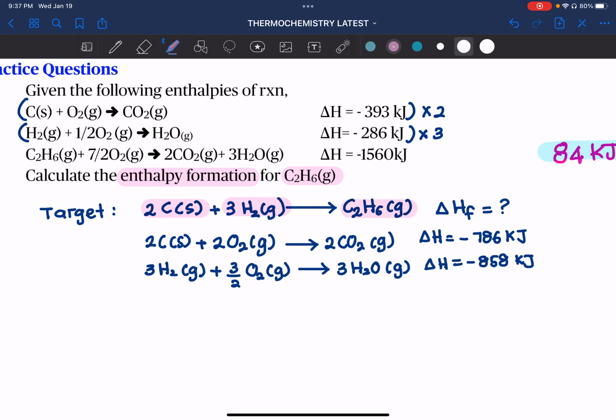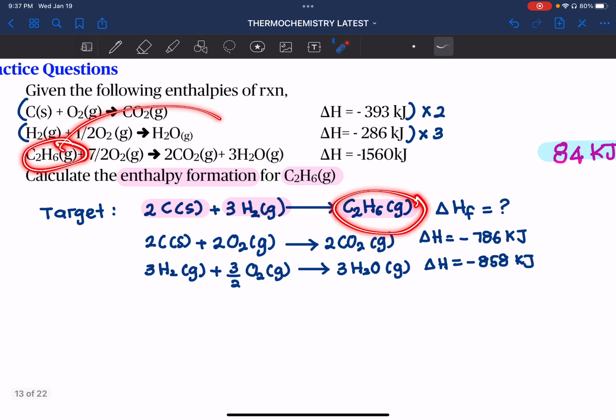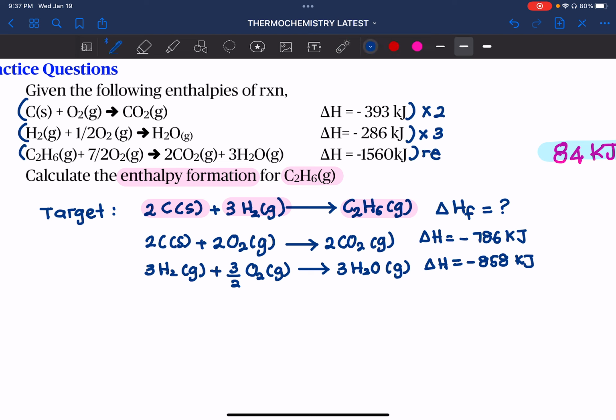Target adalah C2H6. Okay, kita ada C2H6. Tapi target kita, C2H6 ni adalah sebagai produk. Dekat sini dia reactant. So what happen is kita reverse. Okay, bila reverse, better you take note lah. Senang bila kita nak buat new equation lah.